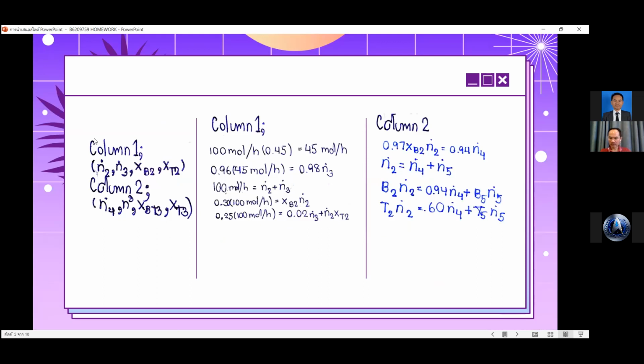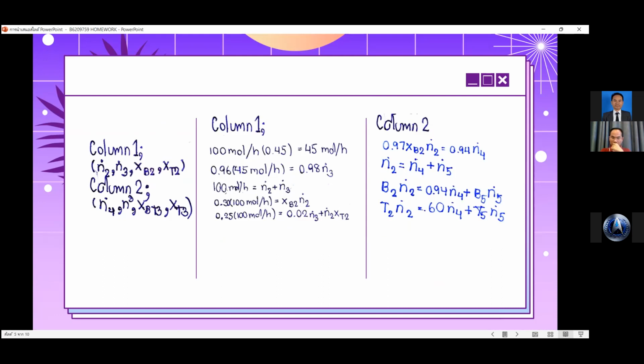Yes, these are my unknowns from column 1 and column 2, and this is my equation. The first equation uses the information of the amount of saline, the residue being 0.96, the amount of saline to solve the entry.